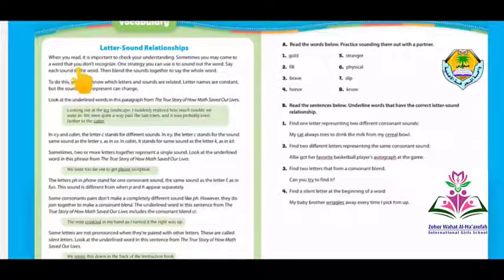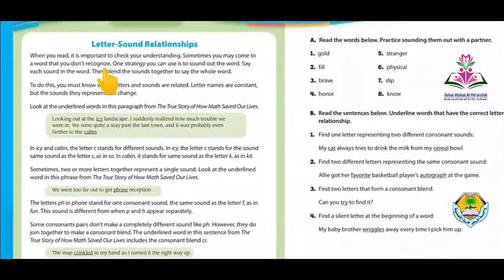When you read, it's important to check your understanding. Sometimes you may come to a word that you do not recognize. Recognize means, no, I don't know this word, I don't know how to read it. So one strategy you can use is to sound out the word.